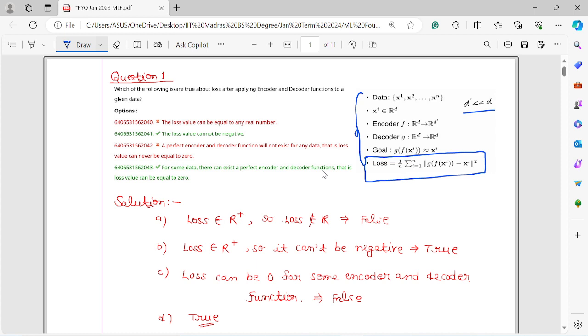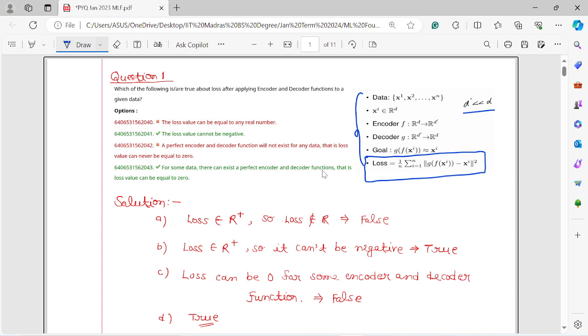The first option is the loss value can be equal to any real number. So this is saying the loss can be any real number. Let us suppose the loss is minus 2.32. With the help of the formula we can say that the loss value cannot be negative, because it is taking the modulus square value.